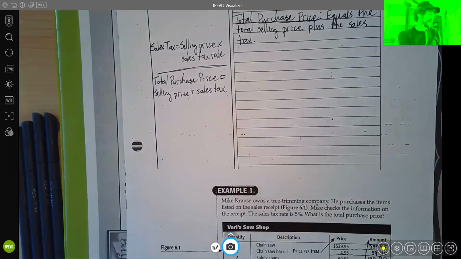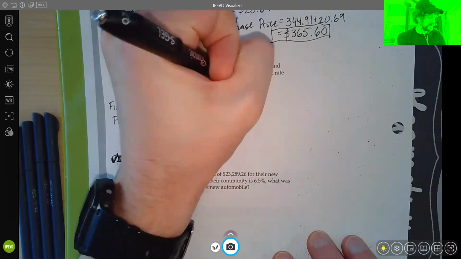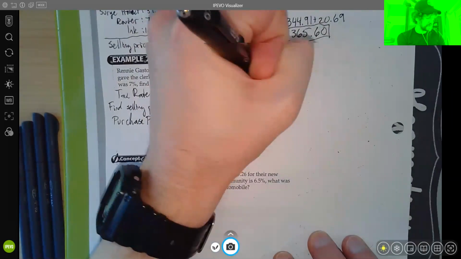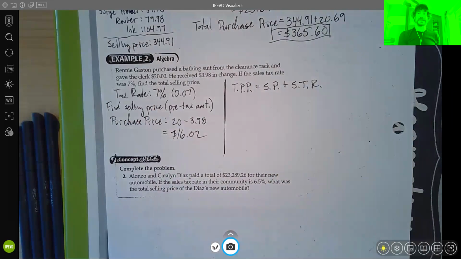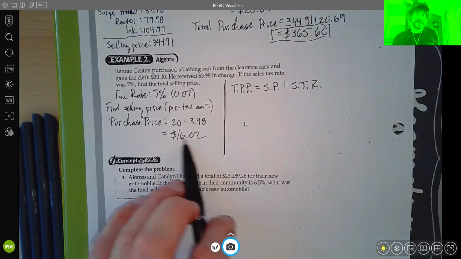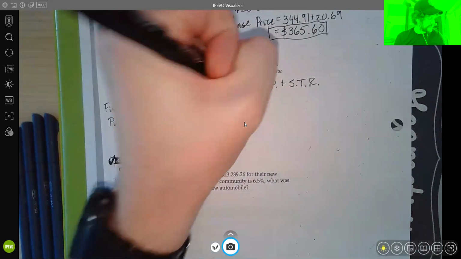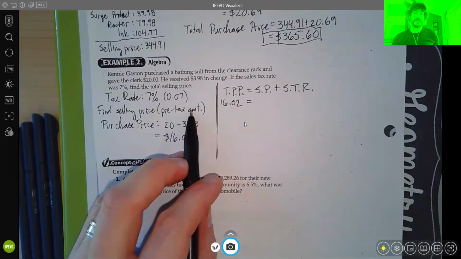So total purchase price, TPP, equals the selling price, SP, plus sales tax, ST. I know it's a lot of abbreviations, but I'm not really wanting to write out all those words again. So we know that the total purchase price was $16.02, and we don't know what the selling price was, so we can use a variable for that.